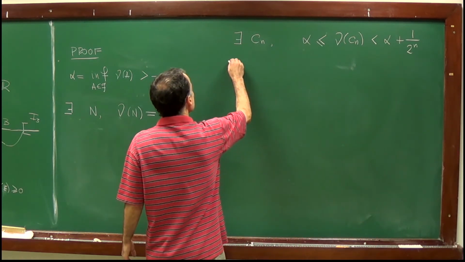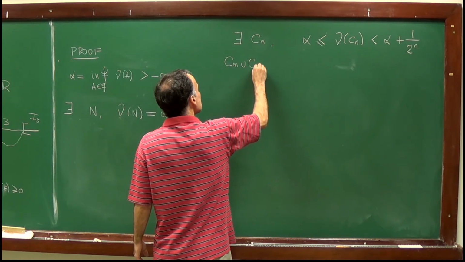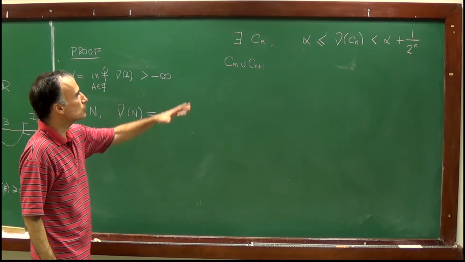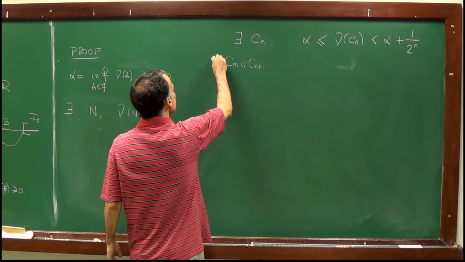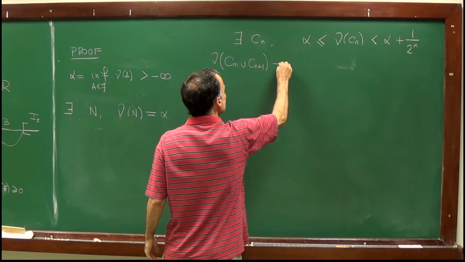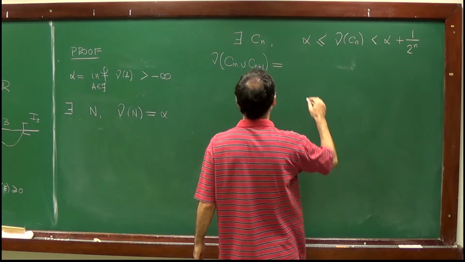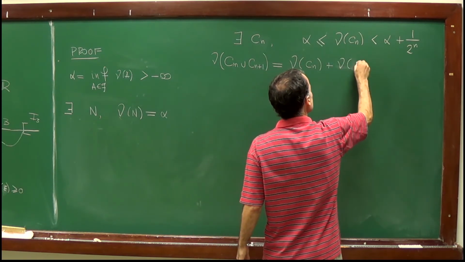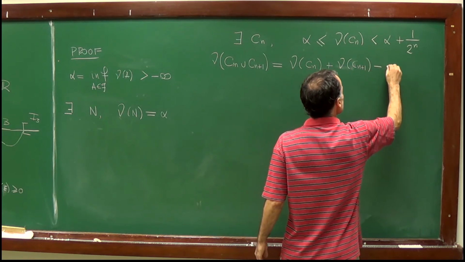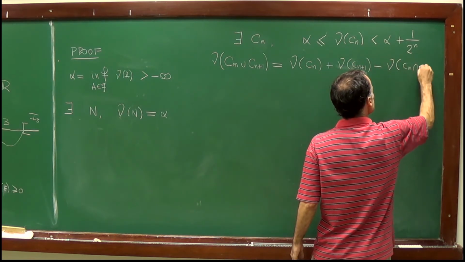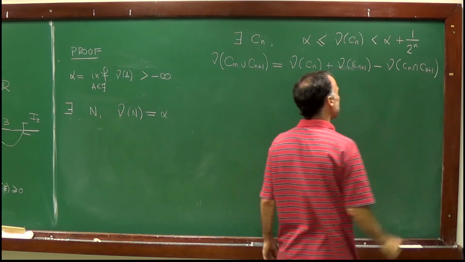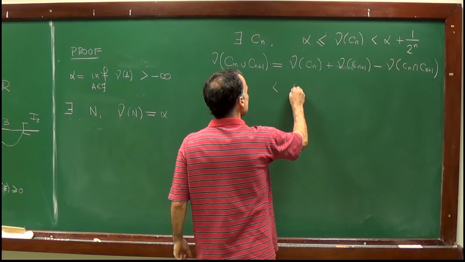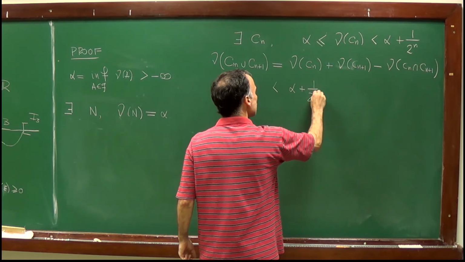So now let's take the set Cn union Cn plus 1. So we have a sequence of sets. Consider the set Cn union Cn plus 1. Let's take its measure. I can always, by using the additivity, write this measure as the measure of Cn plus the measure of Cn plus 1 minus the measure of the intersection. Well, the measure of Cn is bounded by alpha plus 1 over 2 to the power n.